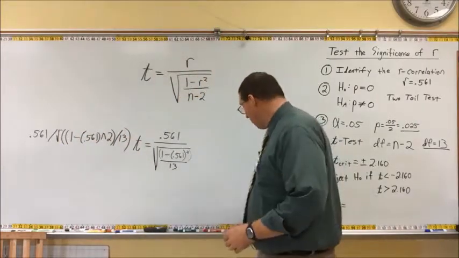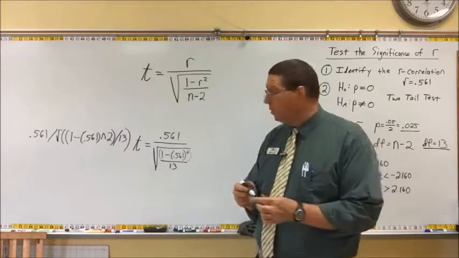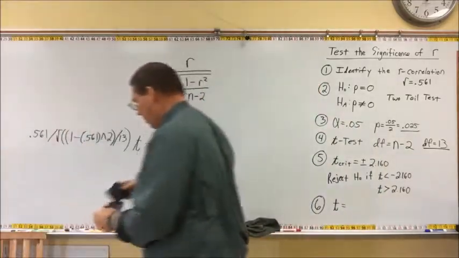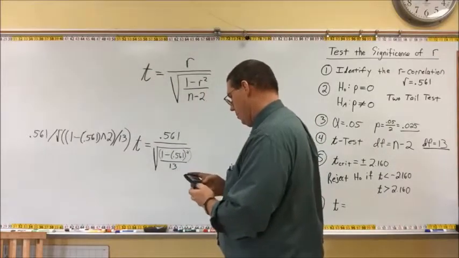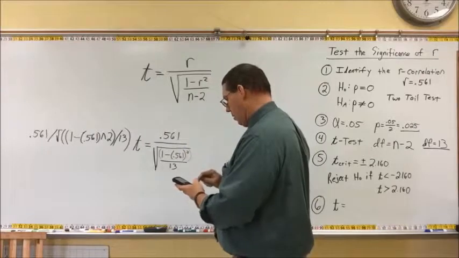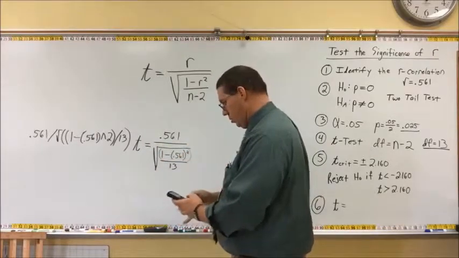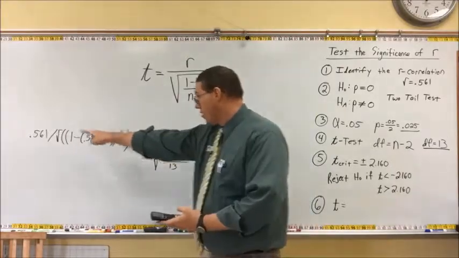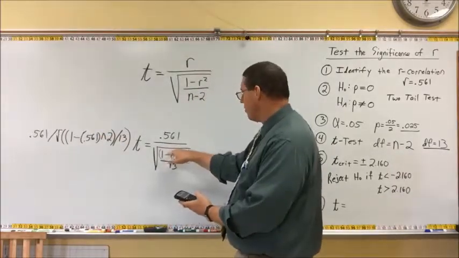Okay? You're probably going to have to practice with this a lot to make sure that you can get the right number. But let me grab a calculator. And so here's what I'm doing. I'm going to do 0.561 divided by radical. Okay, I'm going to hit the square root of, and it opened a parenthesis just like I said it would. Then I want to put parenthesis 1 minus.